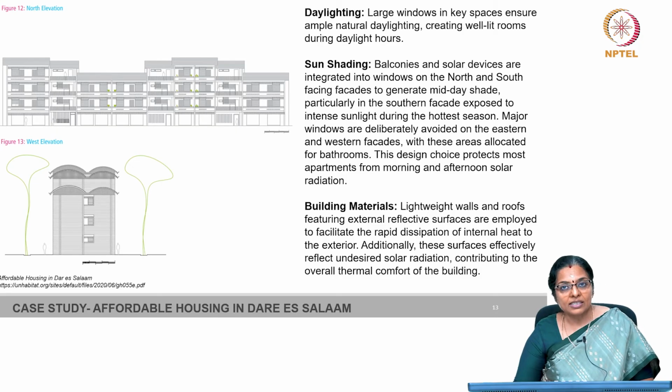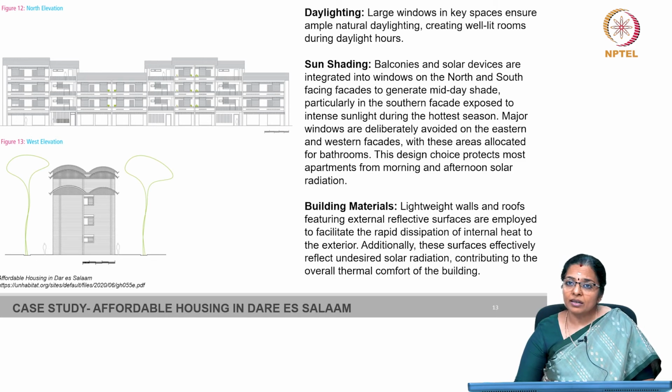The balconies are well shaded, so they have used sunshades and other shading devices strategically placed along the openings, balconies, and windows, and this design choice protects most apartments from morning and afternoon solar radiation.